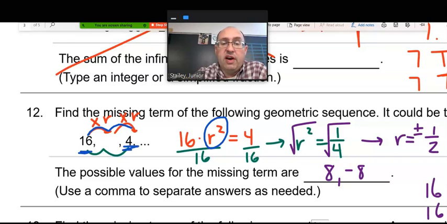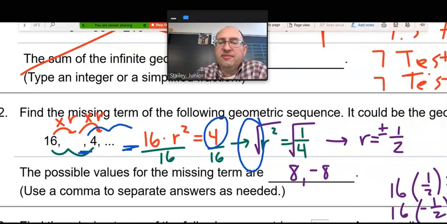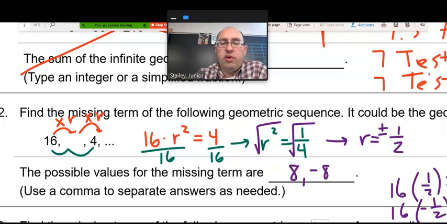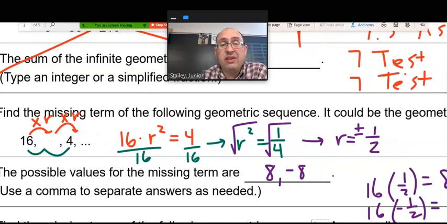And so then we divide by the 16, that gives us 1/4. And we take the square root. And we end up with plus and minus 1/2, right? Because we don't know if the multiplier could be positive or negative. If it's positive, it creates a middle value of 8. And if it's negative, it creates a middle value of -8.